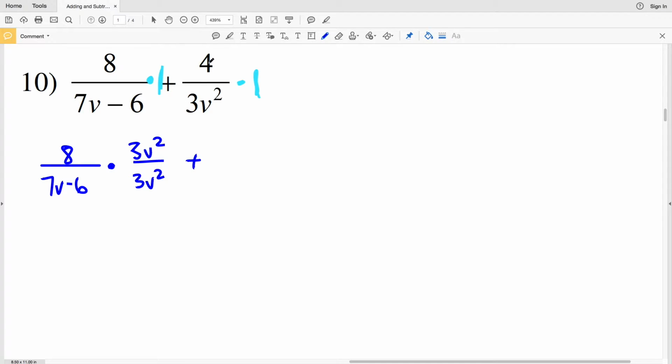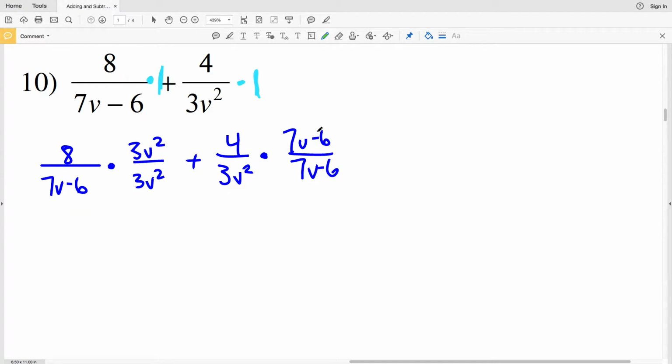And then I'll be adding that to 4 over 3v squared times, now I'm going to be multiplying it by 7v minus 6. So the denominator of the other fraction over itself. So 7v minus 6 over 7v minus 6.